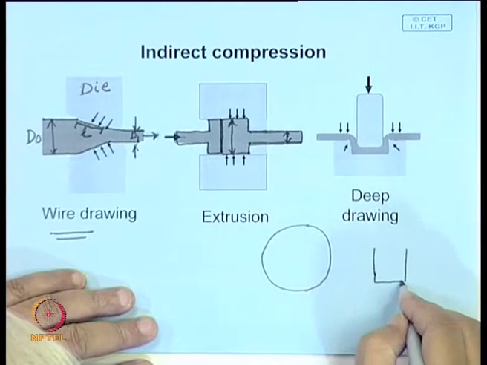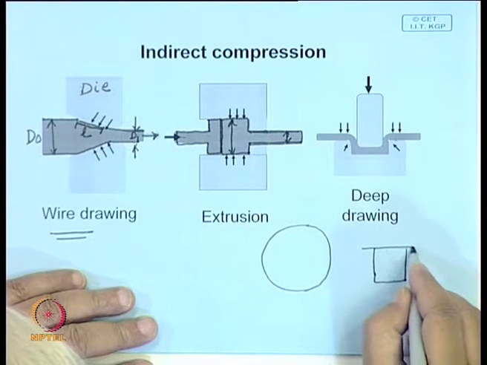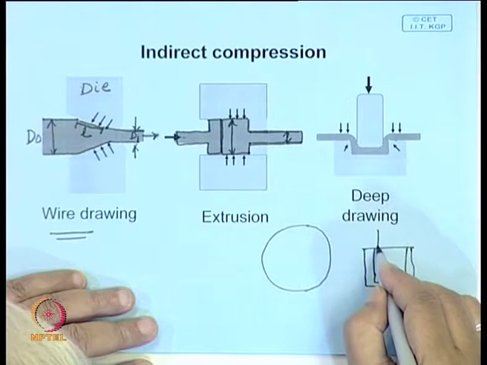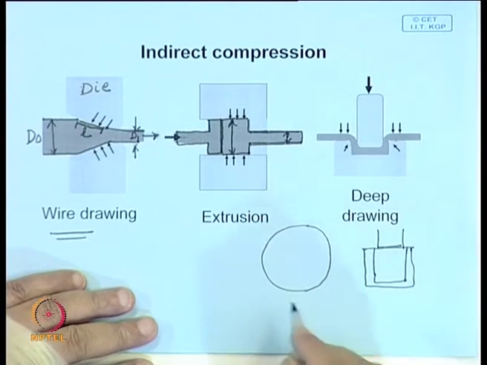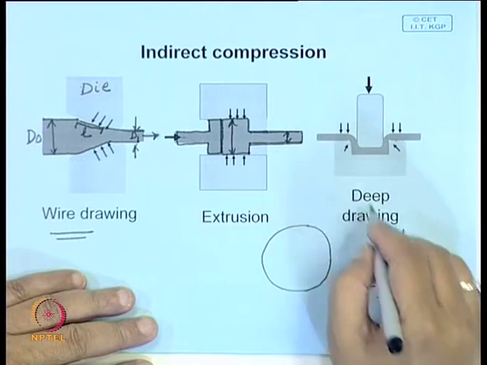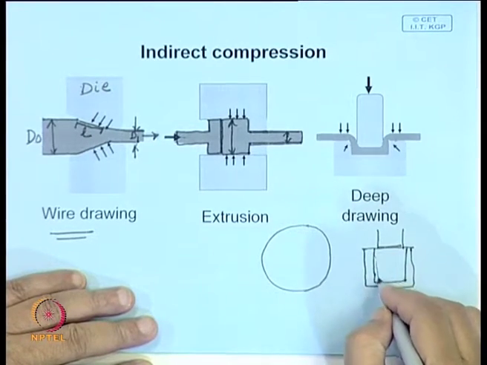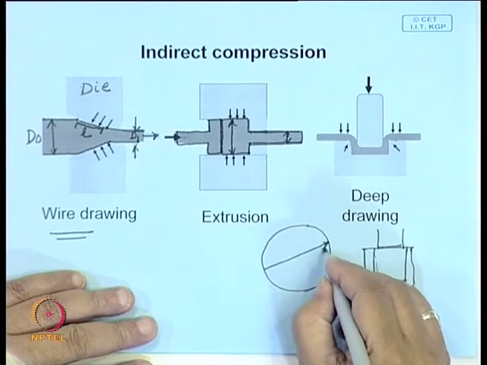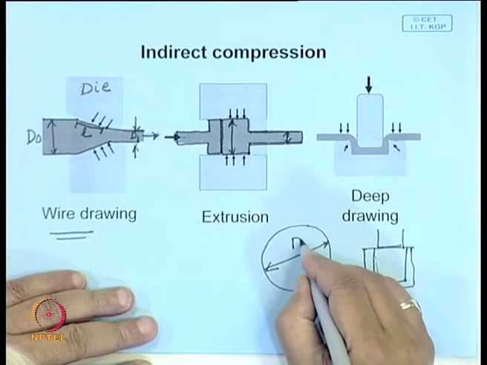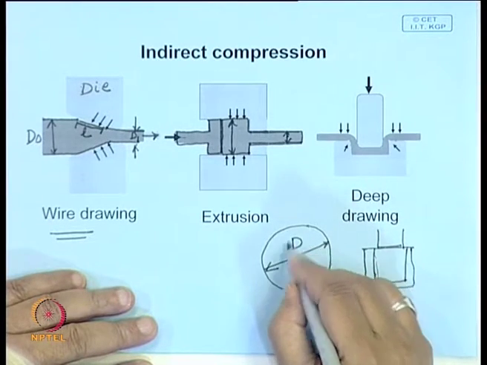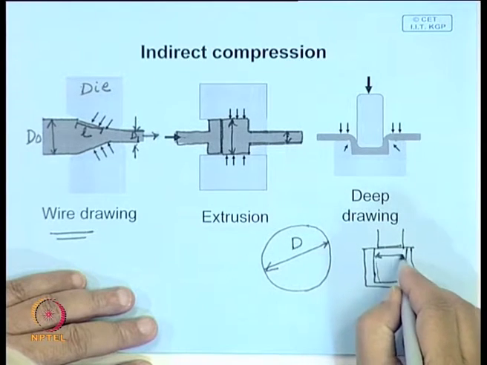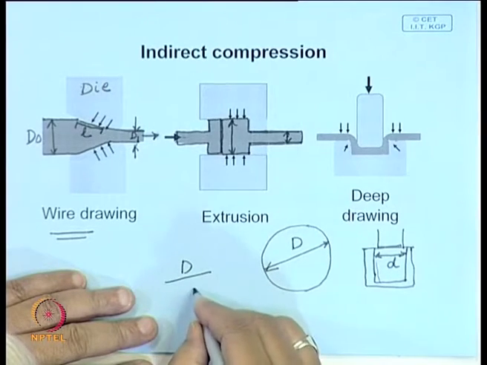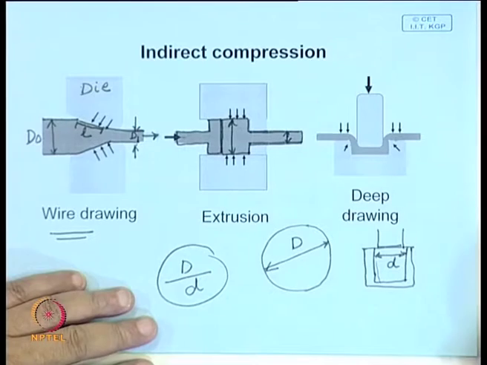The mandrel pushes the disc into the die, and if the material is ductile enough, it will take up the shape of the die. The drawing ratio is the diameter of the job, D, over the diameter of the die, d.